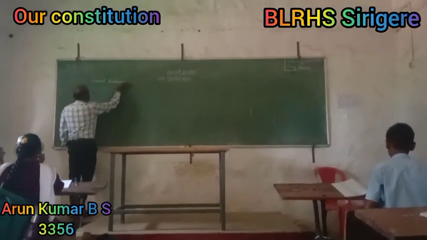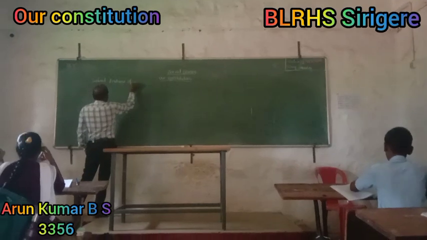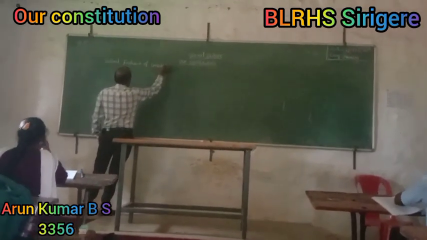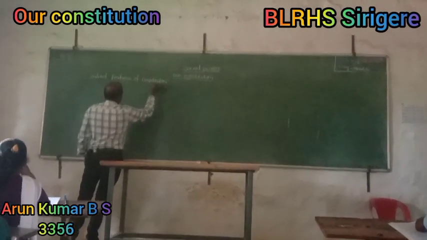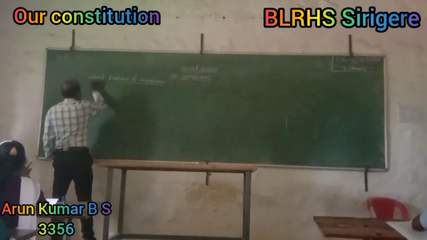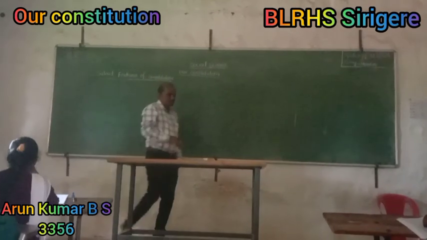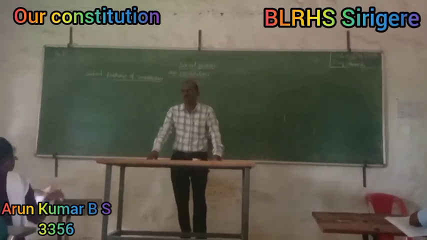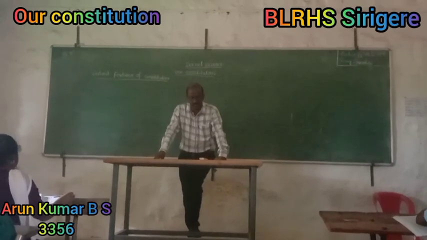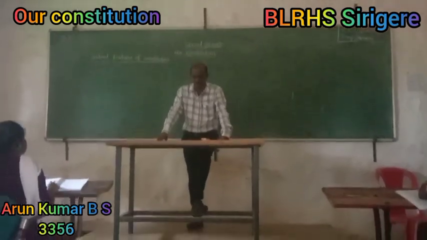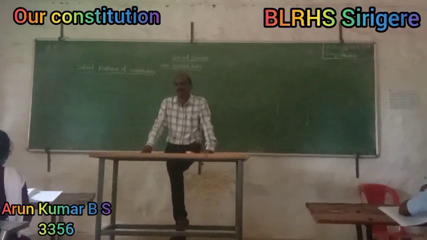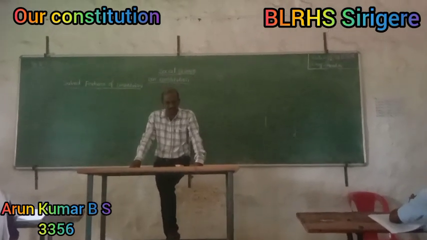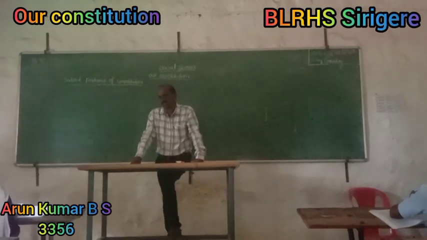We already discussed four salient features of the Indian Constitution, that is, a written and lengthy Constitution, flexible constitution, parliamentary form of government, and republican system.